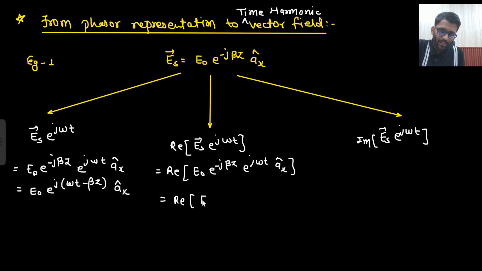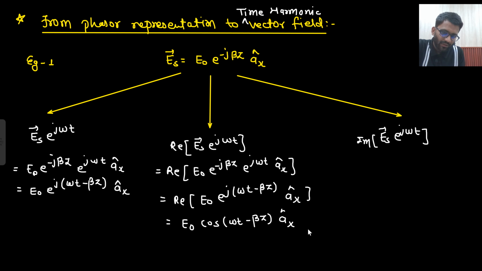Basically, let me write down the step now. Real part of E naught e to the power j omega t minus beta z Ax cap, right? Is that clear? What will be the real part of e to the power j omega t minus beta z? Cos. So what you are getting is E naught cos omega t minus beta z Ax cap. So from this phasor we get this representation.